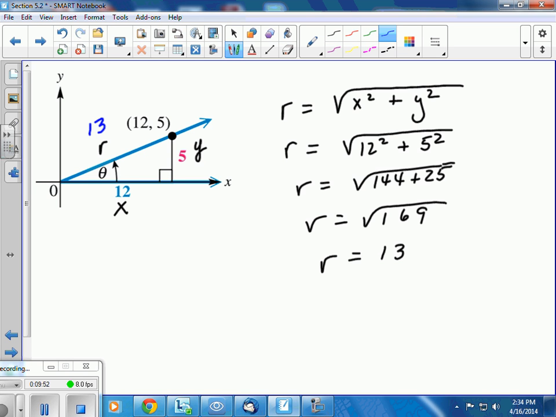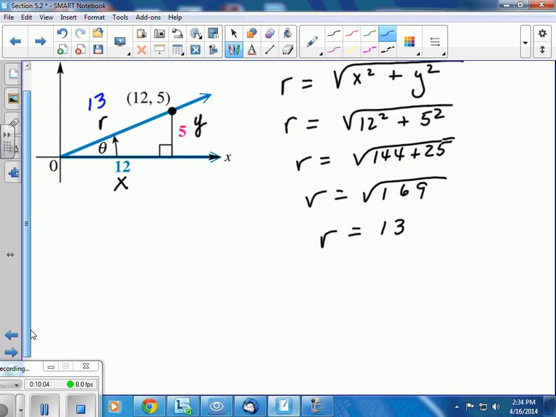Once I have all of the lengths of that triangle, then I can find all 6 trig functions. So again, I like to do the Oscar had a heap of apples. So we're going to do sine of theta, cosine of theta, tangent of theta.